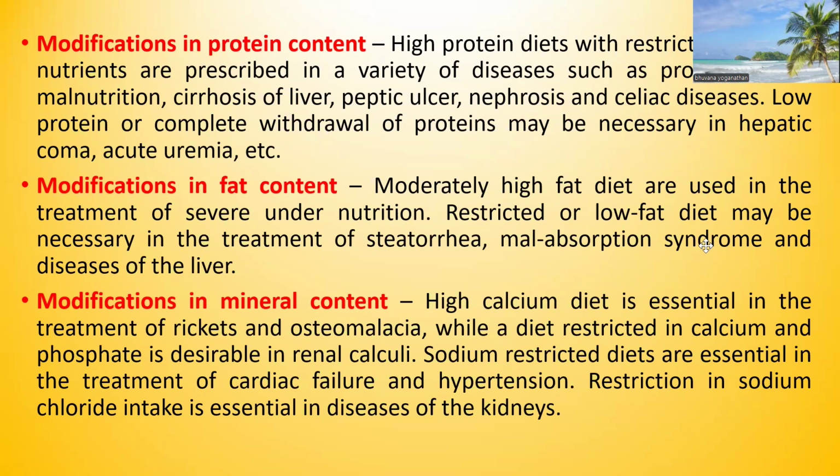Complete or incomplete withdrawal of protein may be necessary with hepatic coma or acute anemia. So the modification, which is very essential for each and every nutrient, should be followed very strictly because each and every nutrient plays a key factor in the wellness of the individual.